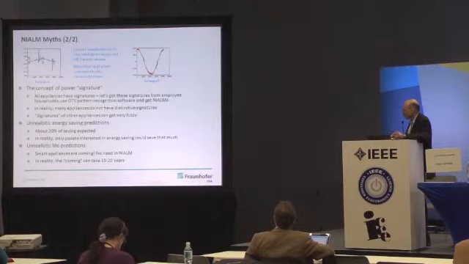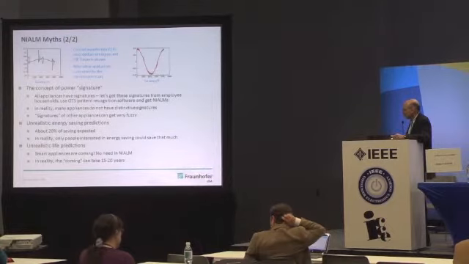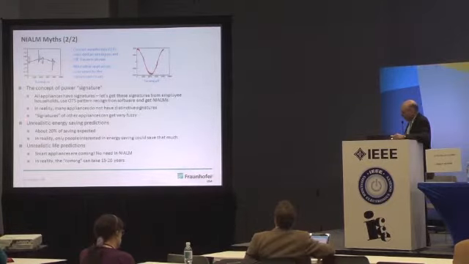Thus you will get the disaggregation in place. In reality, the problem with the signatures is that many appliances actually don't have signatures, and the signatures of other appliances get very fuzzy. This is what we can see here again.